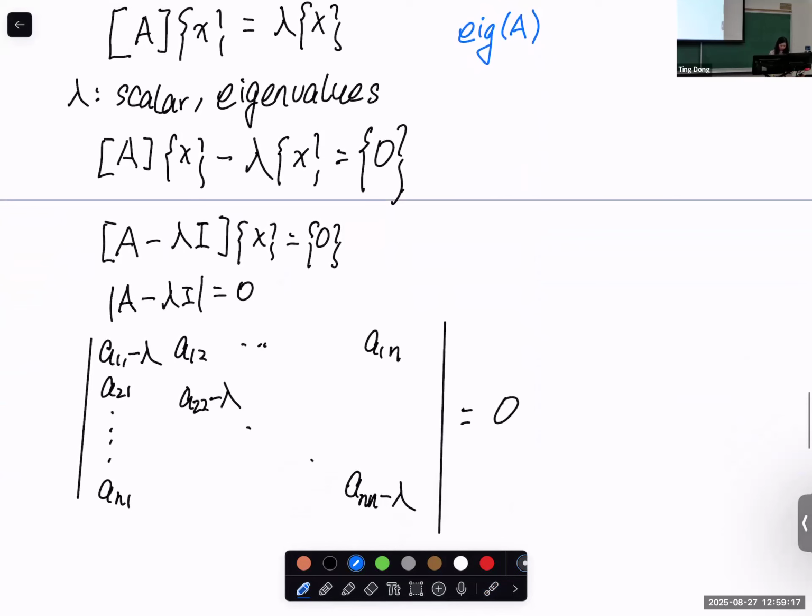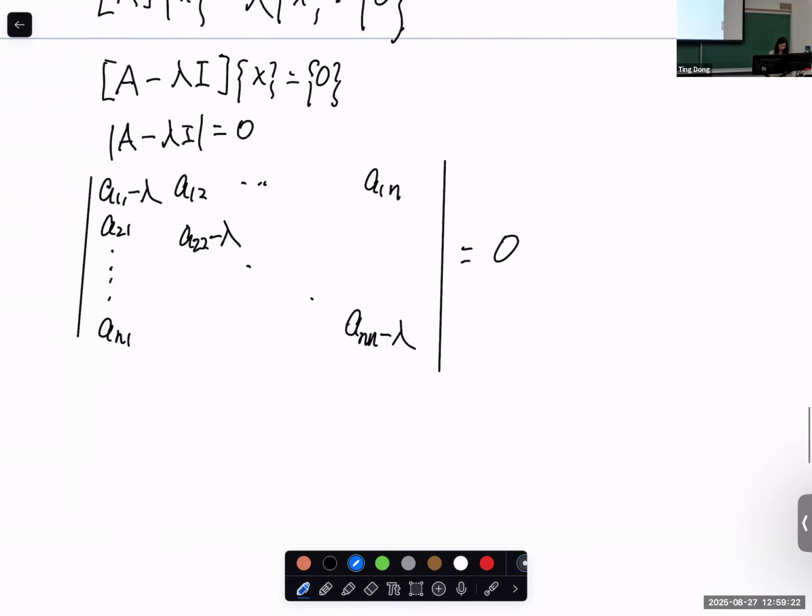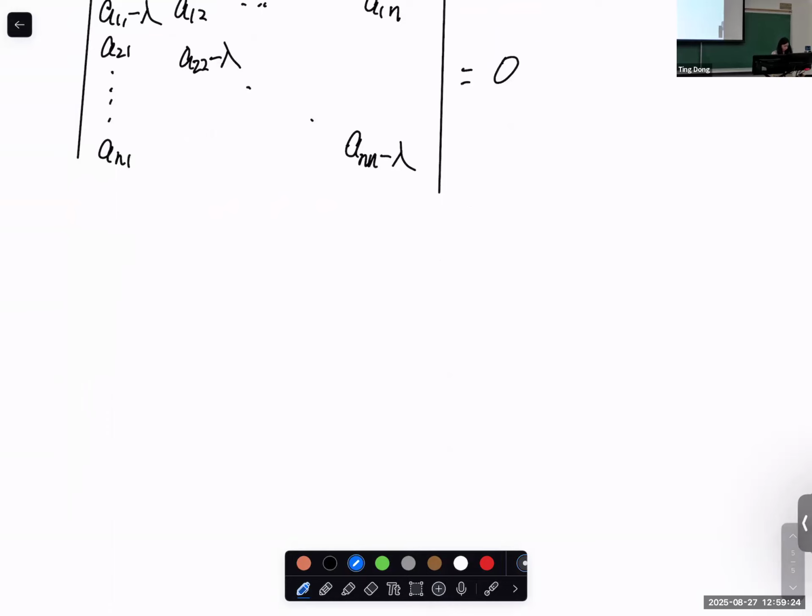For hand calculation, let's do a simple example to show you guys. Let's say we have a 3 by 3 matrix, the A matrix I put as 1, 1, 4, 0, 2, 0.